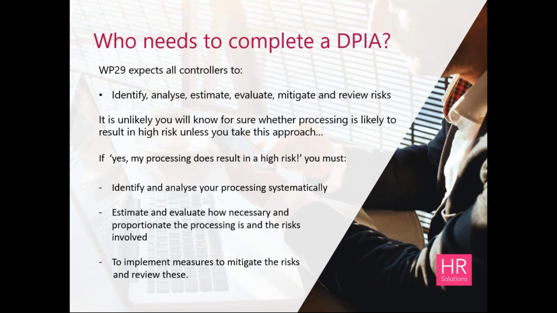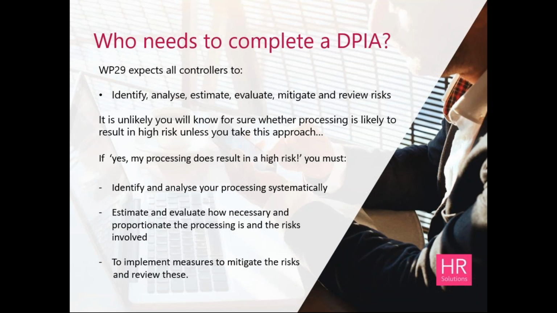Unless you have identified your process, analysed the steps of it, estimated what kind of risks potentially could happen as a result and how significant those risks would be, then how would you know whether or not you've got high risks in your processing? You've got to do a level of scrutinising to get to that point.